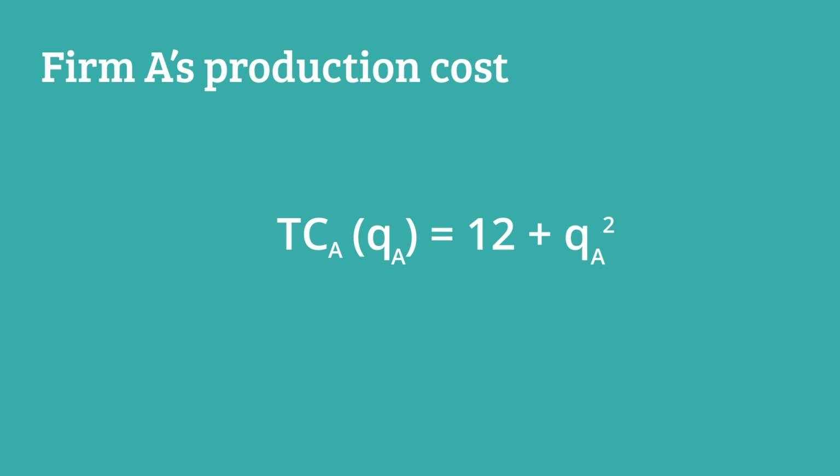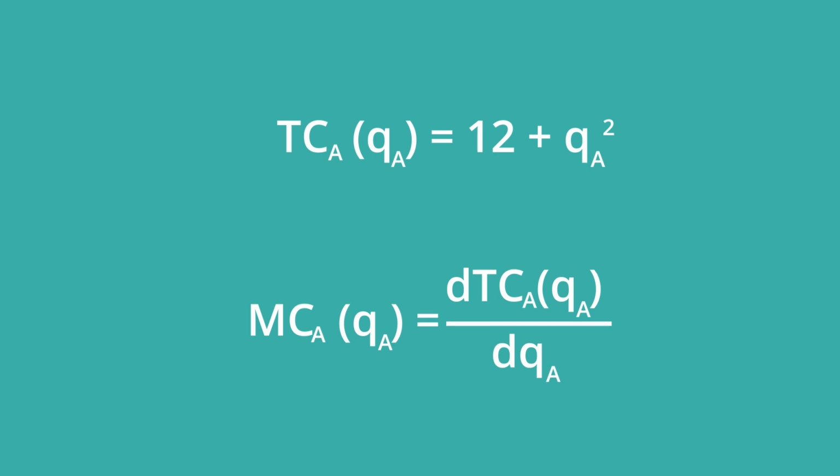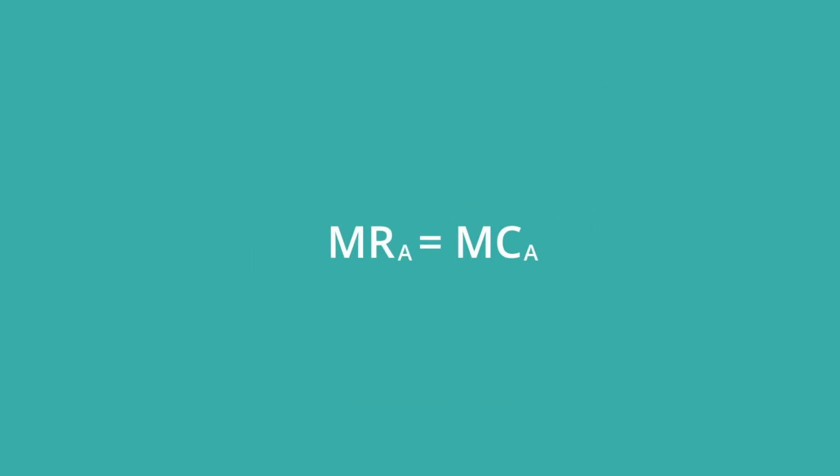The marginal cost can be found by differentiating the total cost function with respect to QA. MCA = dTC/dQA. And thus, MCA = 2QA. By equating marginal revenue and marginal cost, firm A's profit will be maximized.